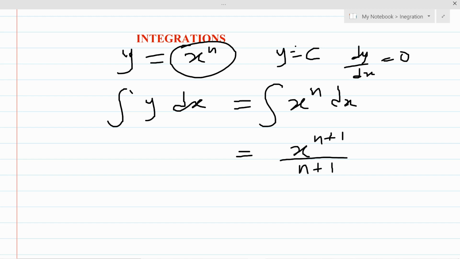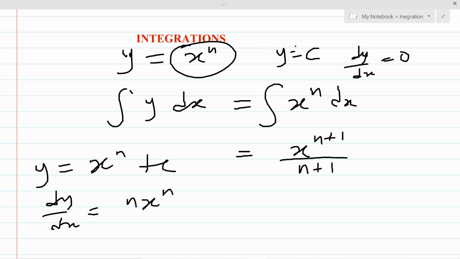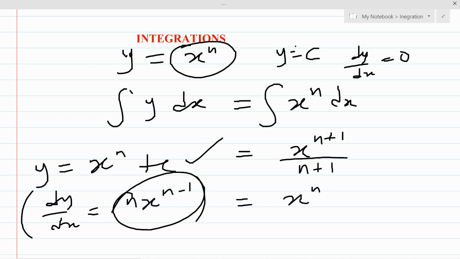So if I have y equals x to the n plus c, then dy dx is equal to nx to the n minus 1. Now if you integrate this, you have to get this function back, but after integrating you will get just x to the power n, because it is nx to the power n minus 1. We did it just now. But why is that?